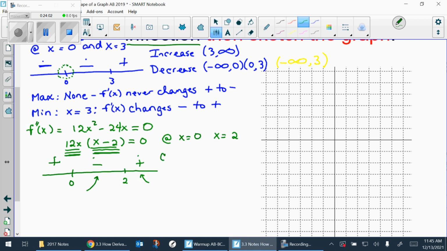So where are we concave up? Well, we've got to give an interval where the second derivative is positive. I think I'd start at negative infinity and I'd go to 0. I think I'd start at 2 and go to infinity. And what about concave down?